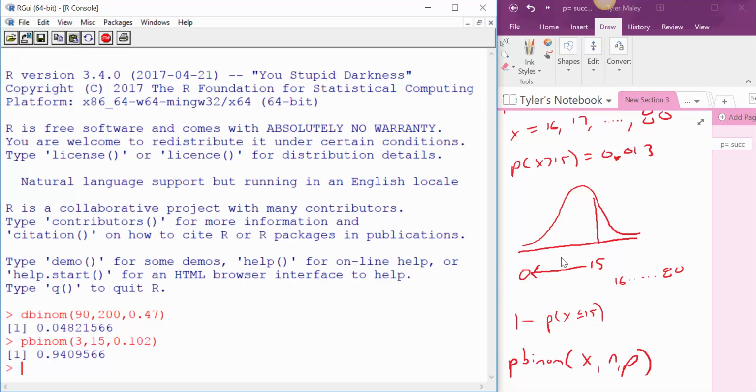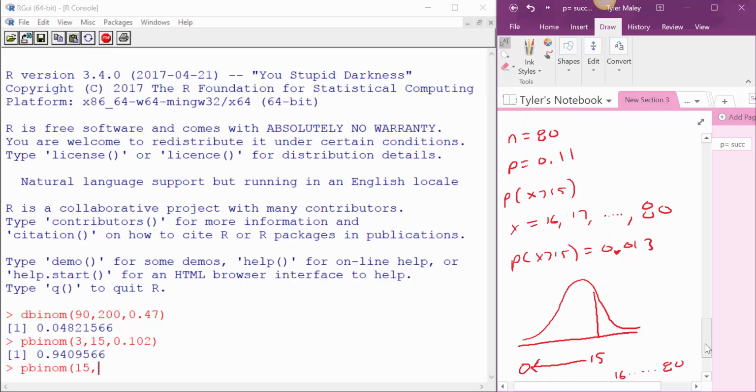And again, just to point this out, if I use the command pbinom and then 15 comma and then n was what, I think 200? No, n was 80, so I would type in 80.